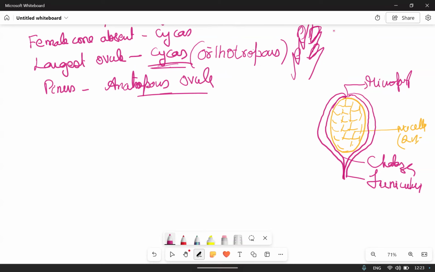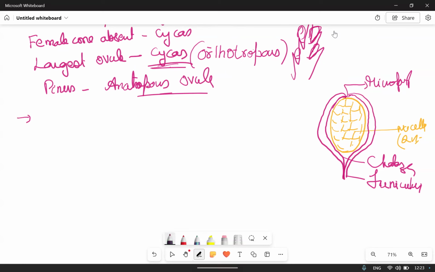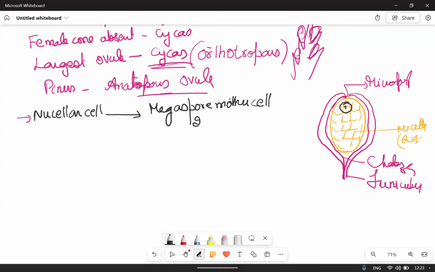So one of the nucellar cells acts as the megaspore mother cell. So many cells are there now; one is acting as the megaspore mother cell, diploid.